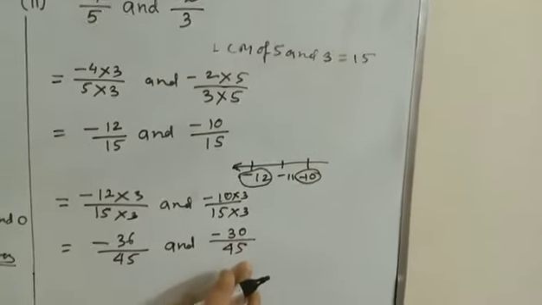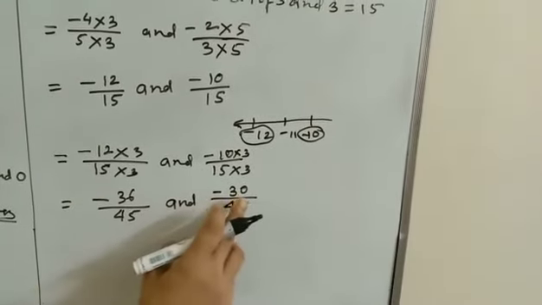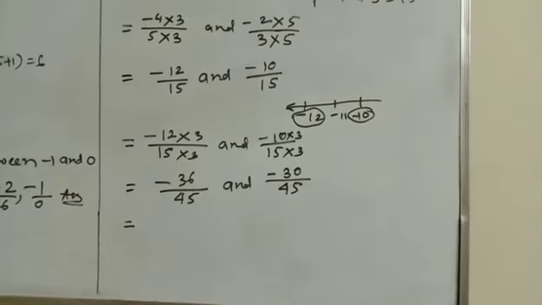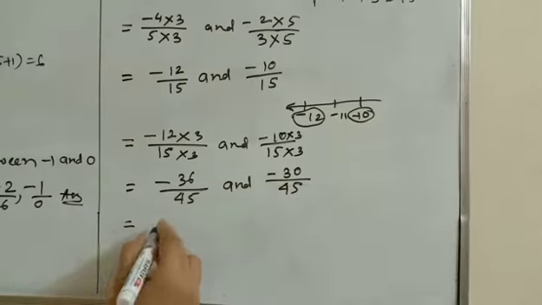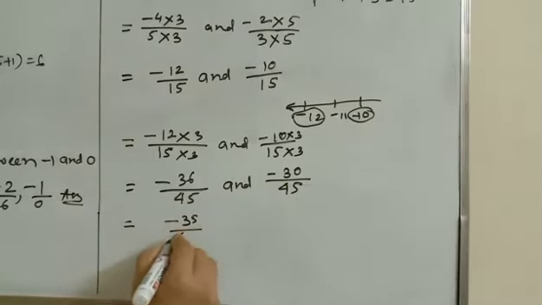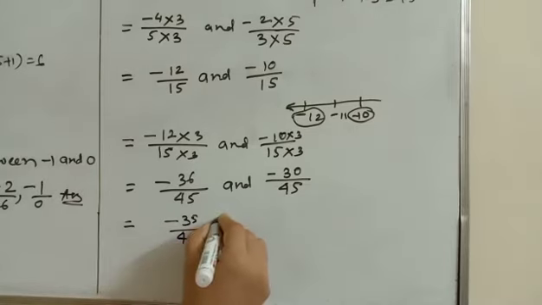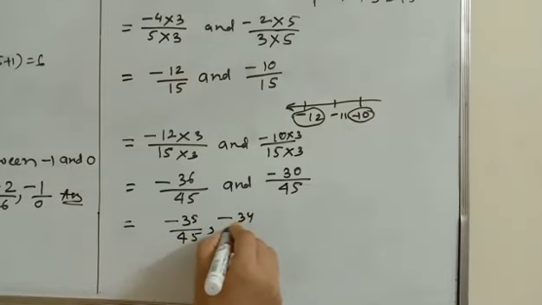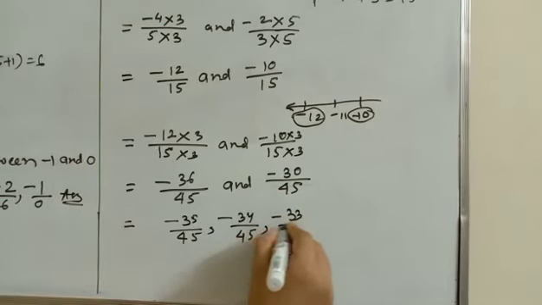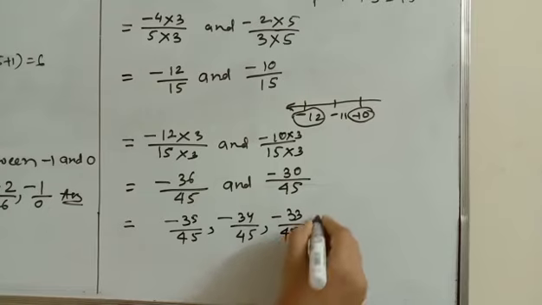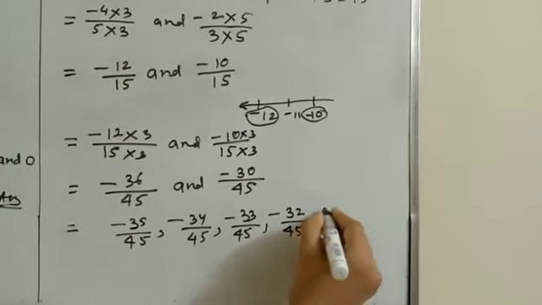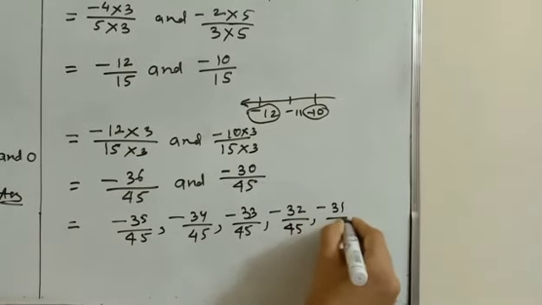Now the denominators are the same. In between 36 and 30, how many numbers can you get? In between minus 36 and minus 30, you can write minus 35 by 45, minus 34 by 45, minus 33 by 45, minus 32 by 45, minus 31 by 45.